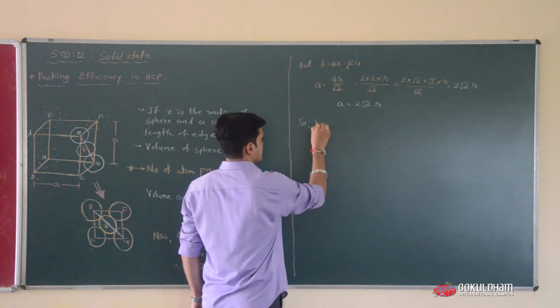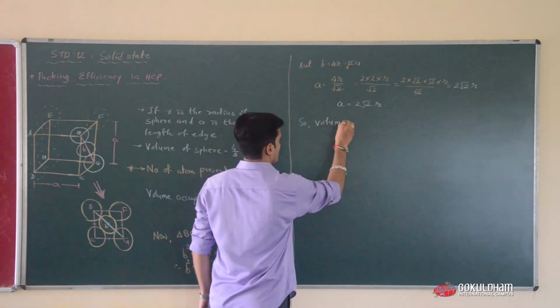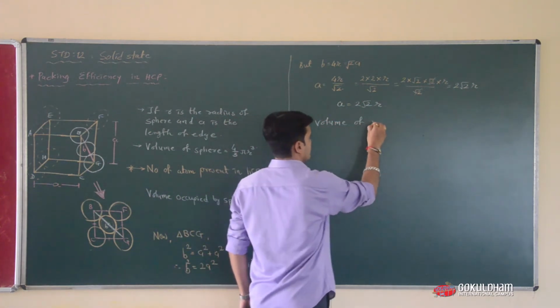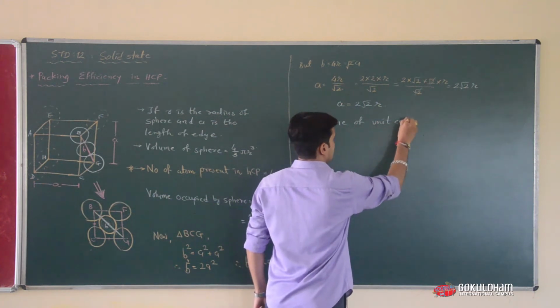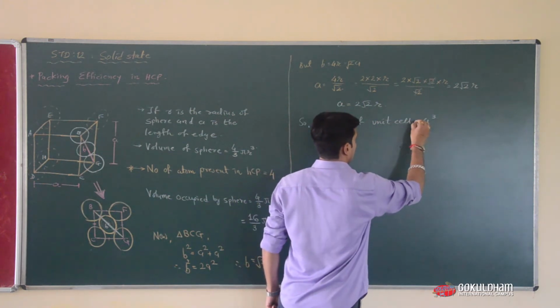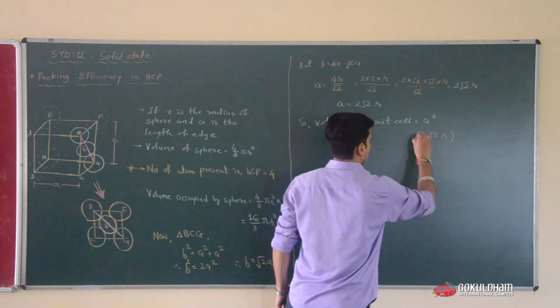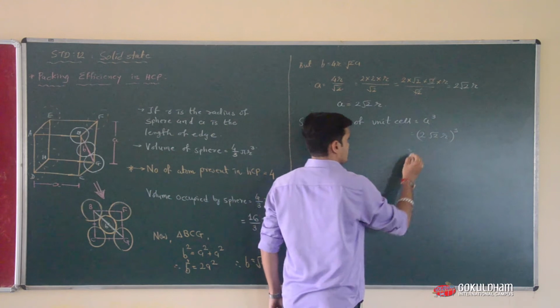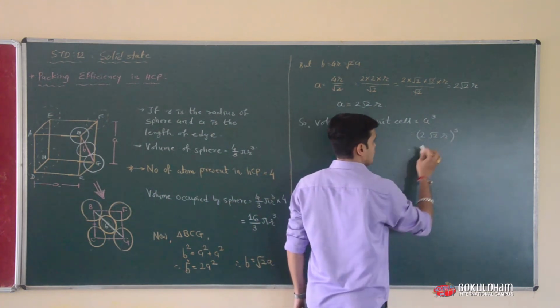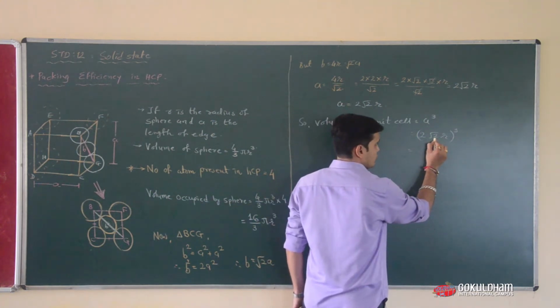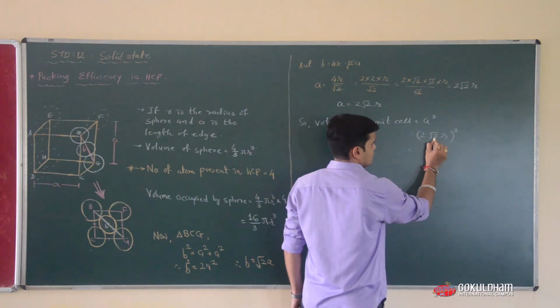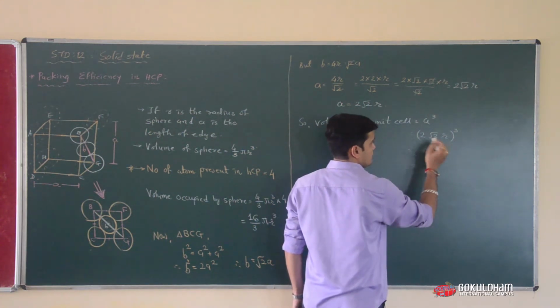So volume of unit cell is equal to a cube. So 2 into under root 2 into r, whole cube. Your final answer will be 2 cube, 8, under root 2 cube means under root 2 into under root 2 into under root 2, and r cube.